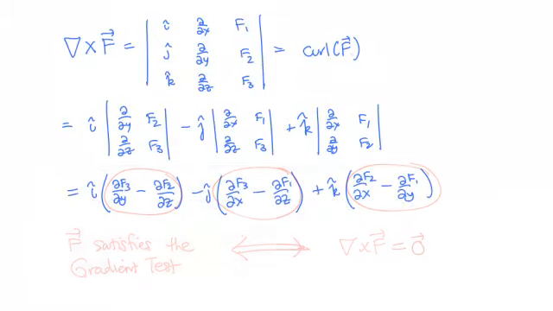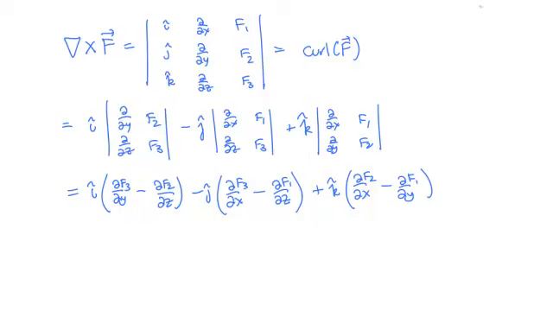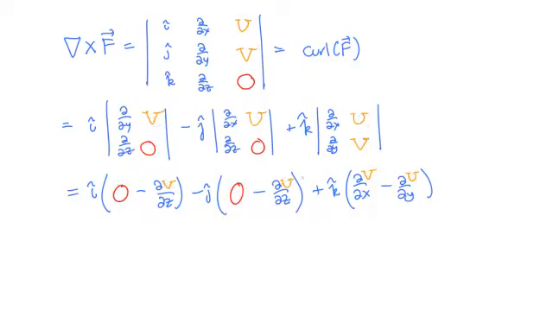Now, imagine the special case that f is a vector field in the plane. In this case, the third component would be 0, and we could replace f1 and f2 with u and v, respectively. Well, let's follow through what would happen. We'd come up with this.